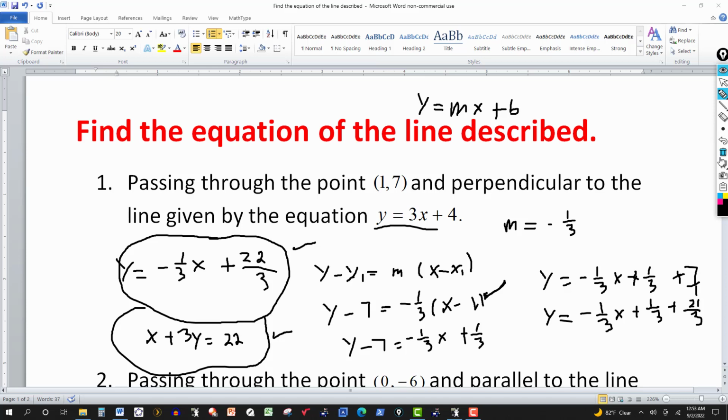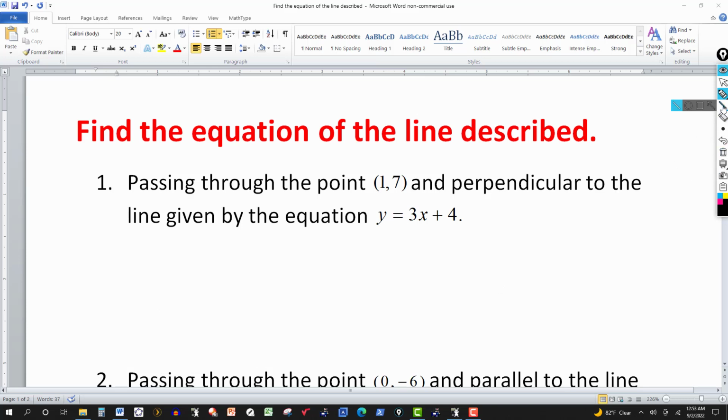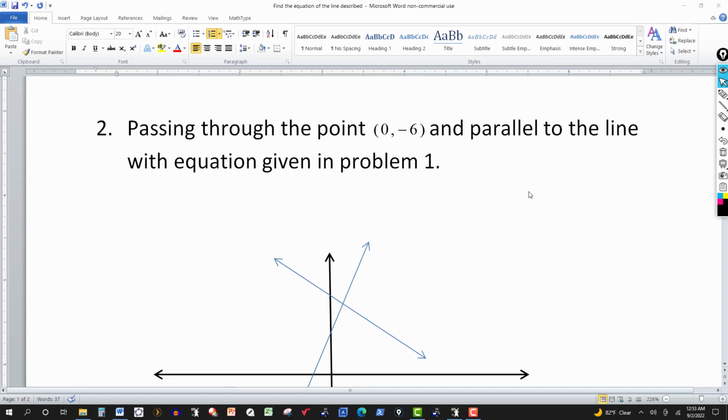If I were to graph that, I would get this line right here, and then if I plot the new equation that we derived, I would get this one. They both pass through this point right here, (1, 7), perpendicular. The slope of this one, like I said, is 3. And the slope of this one over here, the perpendicular one we derived, is negative 1/3.